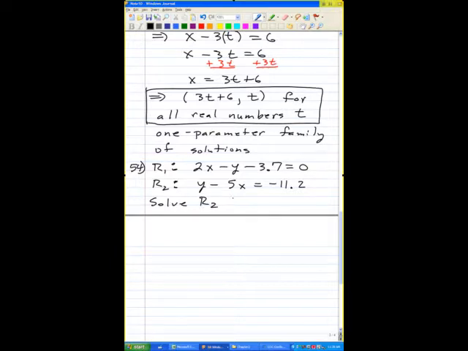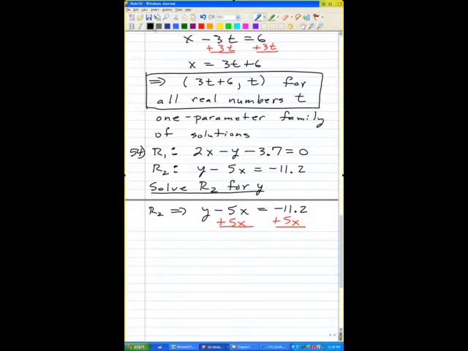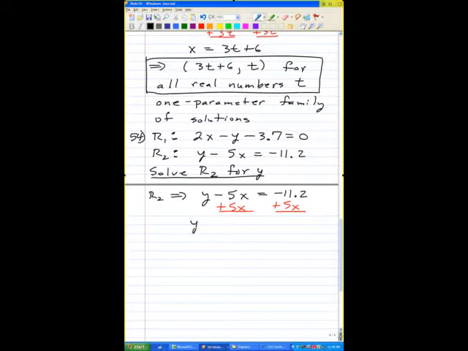So I have y minus 5x equals negative 11.2. Let's add 5x to both sides of my equation. So y is equal to 5x minus 11.2. Let's call that S1.